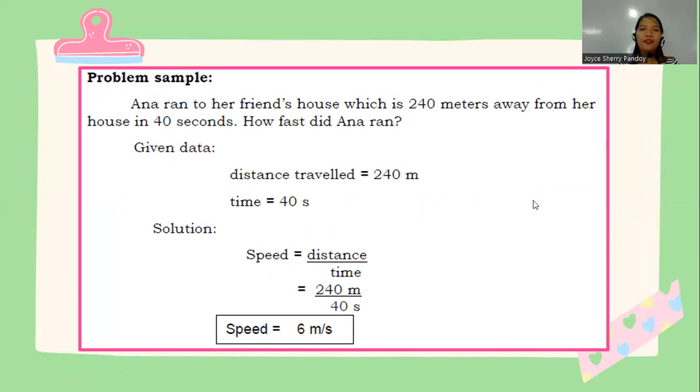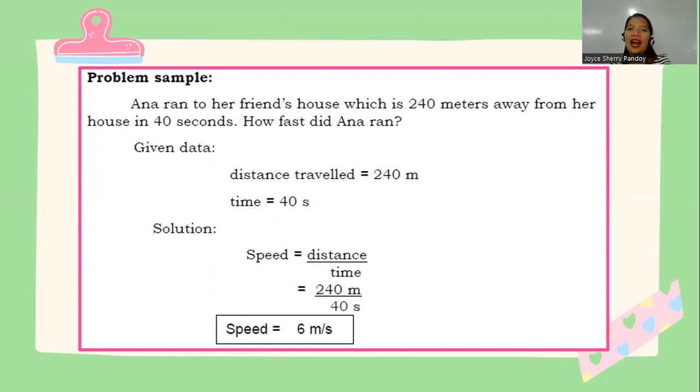Anna ran to her friend's house, which is 240 meters away from her house, in 40 seconds. How fast did Anna run? Si Anna daw, nidagan og 240 meters gikan sa ilang balay padulong sa balay sa iyahang amiga in 40 seconds. Now karon atong i-calculate ang speed ni Anna.